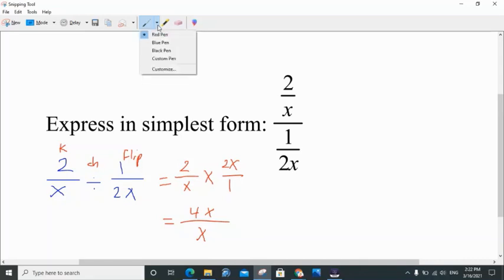To put this expression in simplest form, just cancel out any common factors that you can see up and down. So I can see x up and down, so cancel out x. So our expression in simplest form is only 4.